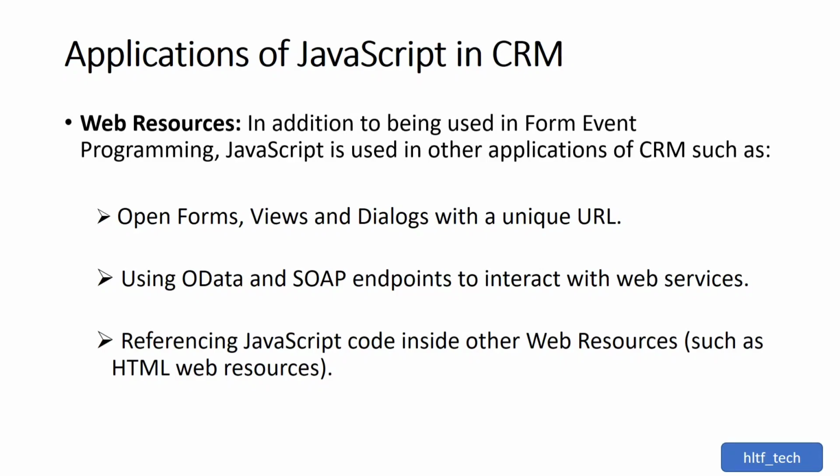Now, applications of JavaScript. Web resources in JavaScript are used in form event programming, such as opening forms, views, and dialogues with a unique URL, using OData and SOAP endpoints to interact with web services, and referencing JavaScript code inside other web resources such as HTML web resources.